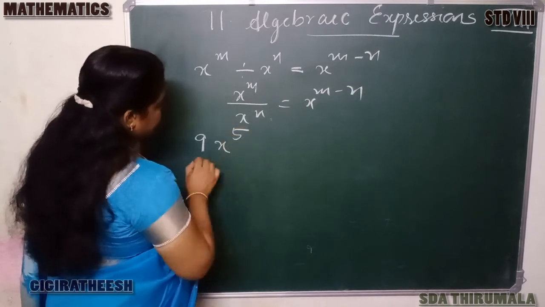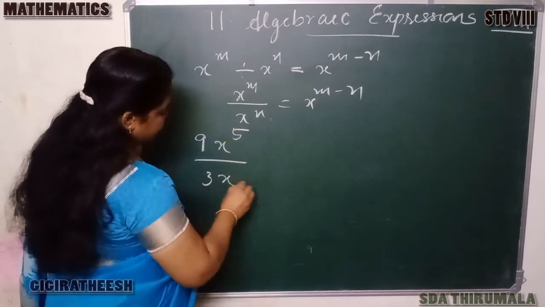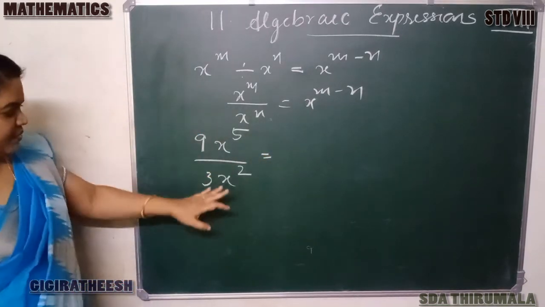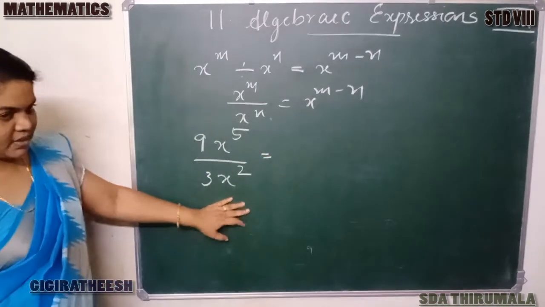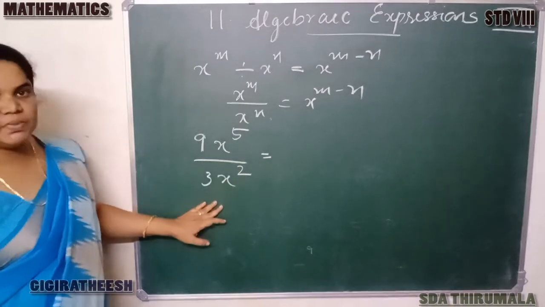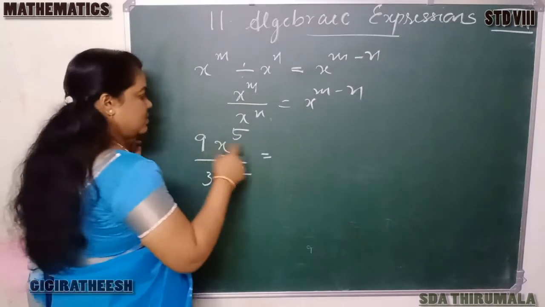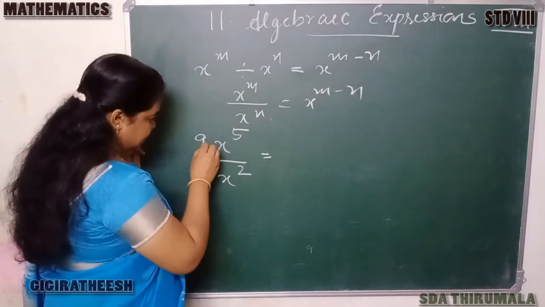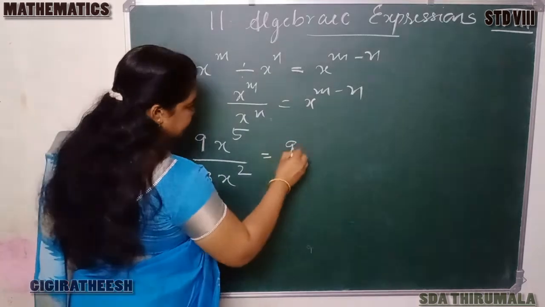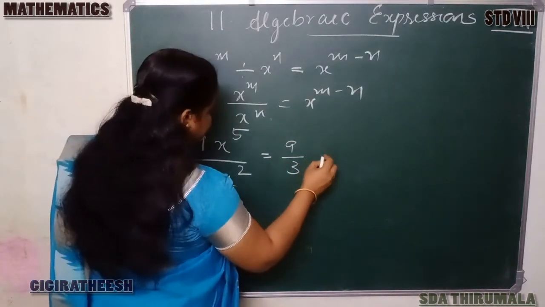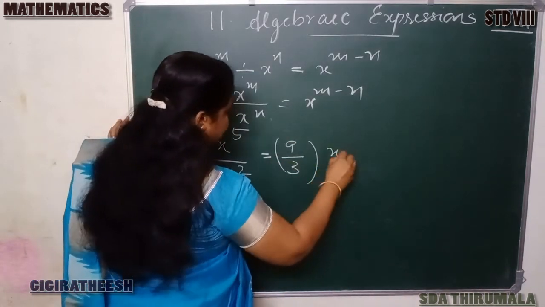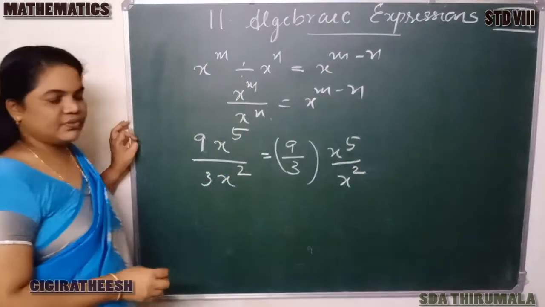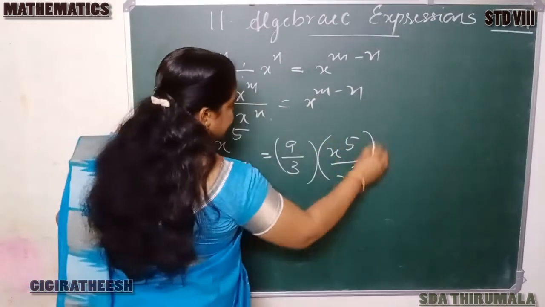9x raised to 5 divided by 3x squared. First divide the numbers, that is 9 divided by 3, and then the variables, x raised to 5 divided by x squared.